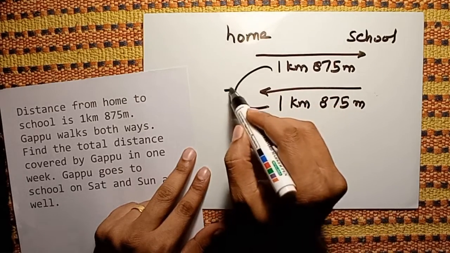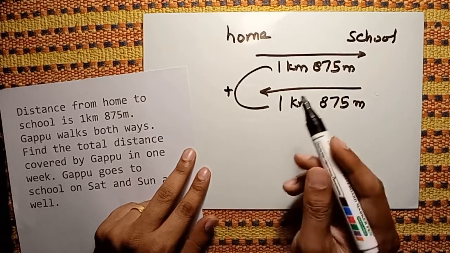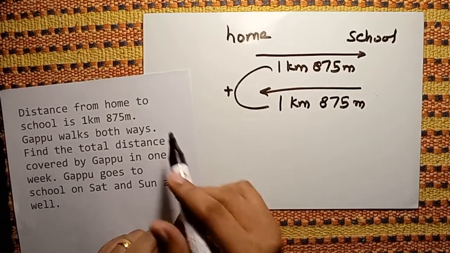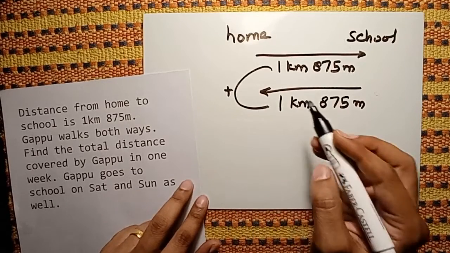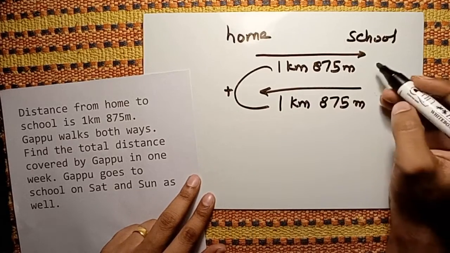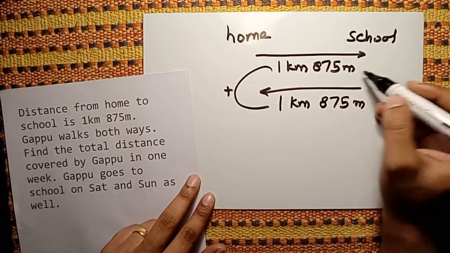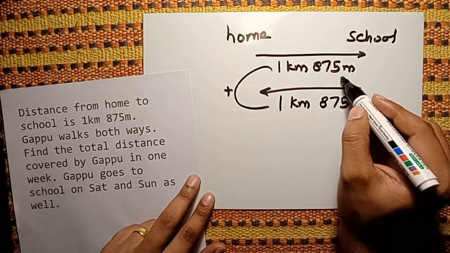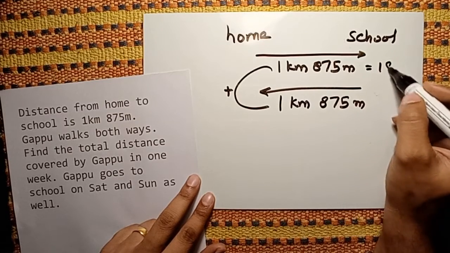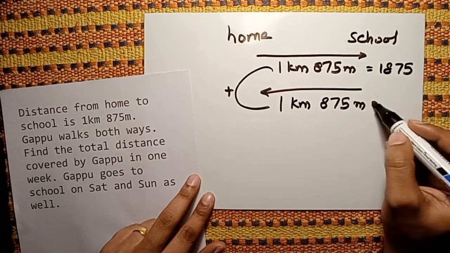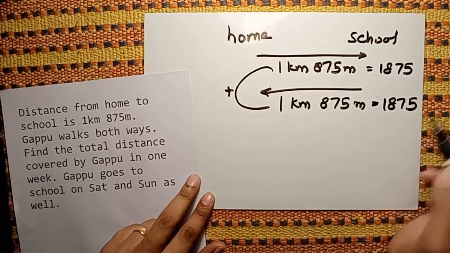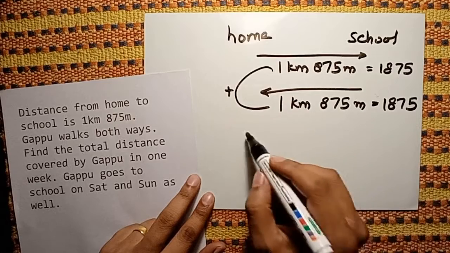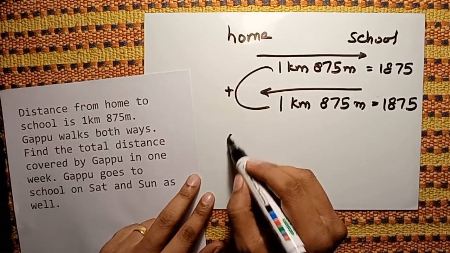This plus this. Like before, I would convert everything into meters, which is straightforward. 1 kilometer, 875 meters is 1000 meters plus 875 meters, equal to 1875 meters. Now 1875 meters plus 1875 meters is the distance covered in 1 day.